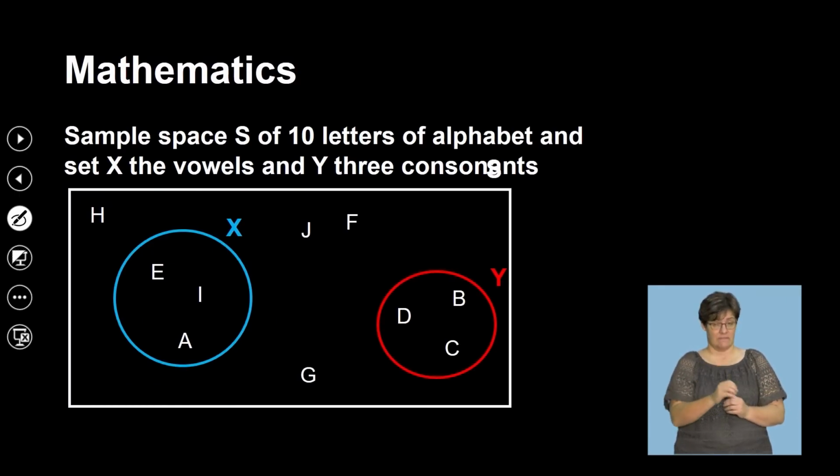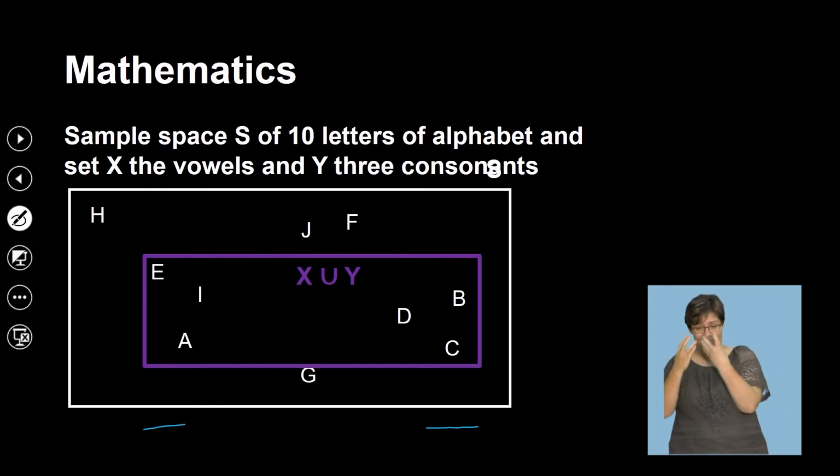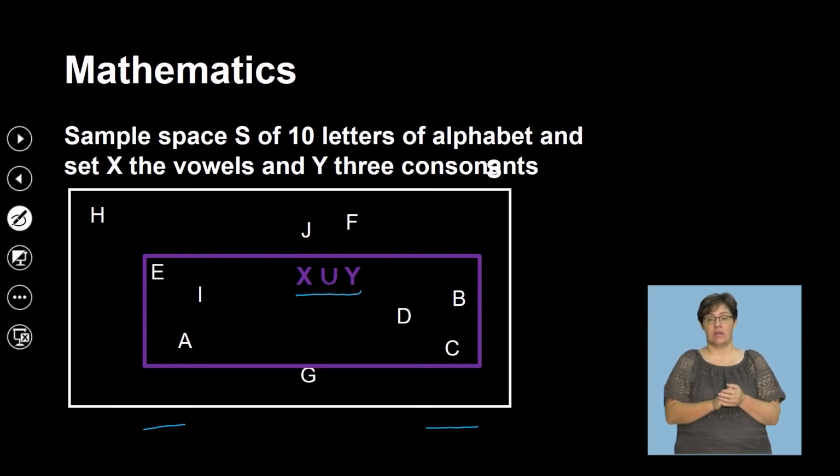There we've got the first 10 letters of the alphabet, and we've extracted the vowels over here for the set X, and we've extracted the first three consonants for Y. Now, what I want you to see is that the union of these two will look like that. It contains everything that was in X and everything that was in Y. And so we've written it as X union Y.